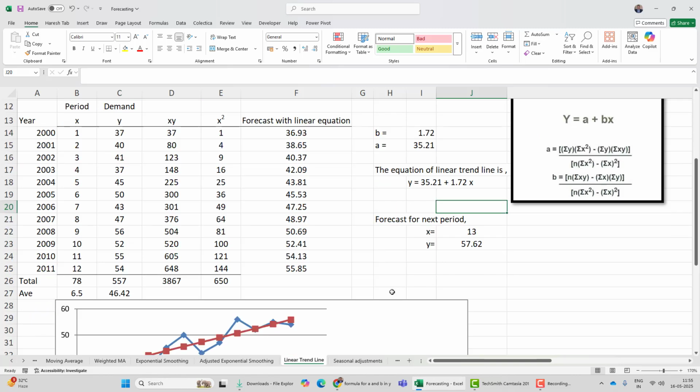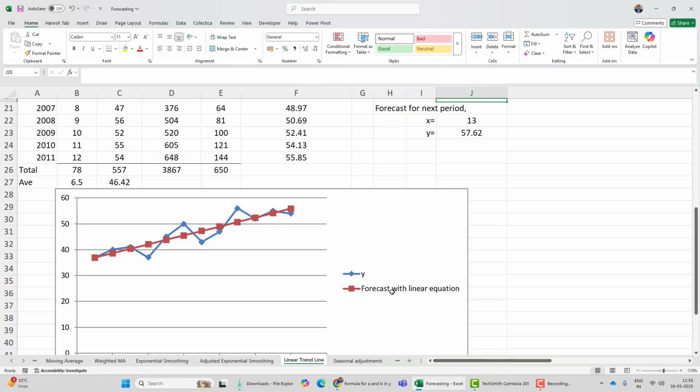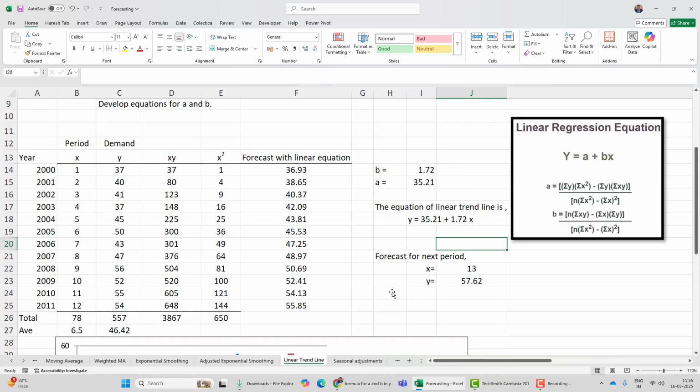So this is how we establish the linear trend and compute the forecast.